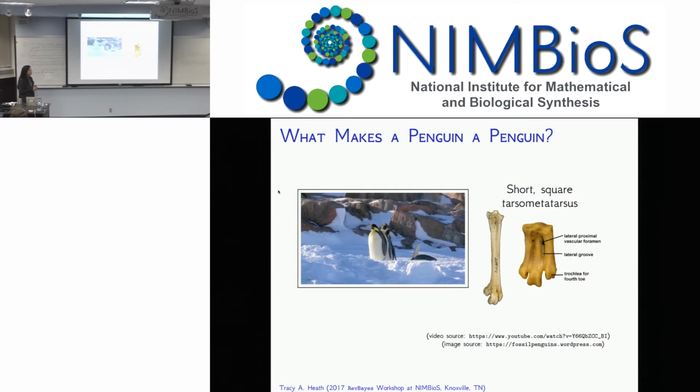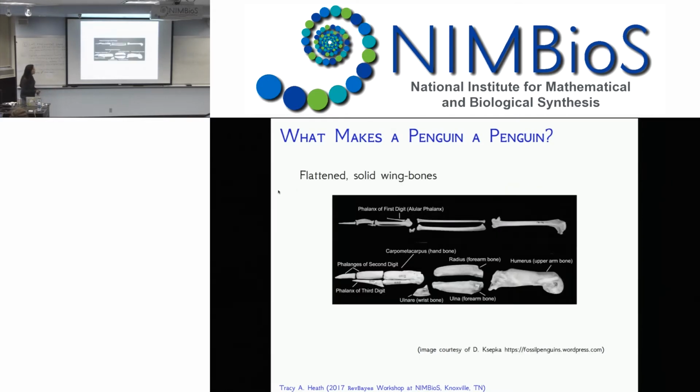But they don't walk very well on land because, so all birds have this fused tarsometatarsus where it's the fusing of the ankle and foot bones, but penguins have these really short square ones, and we see this also in the fossil record. And so there's interesting aspects of their bone morphology that make them fascinating to study in a macroevolutionary context.